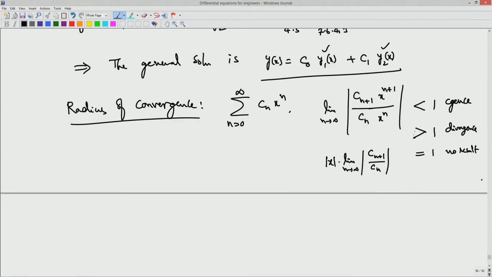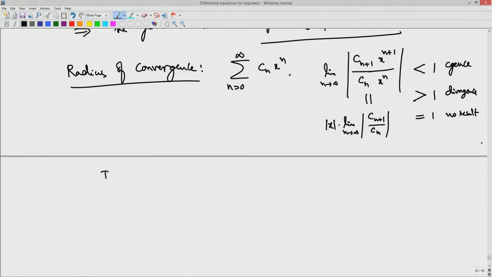So, if I calculate this limit as n goes to infinity, what does it mean? It means if mod x is less than 1 divided by the limit of Cn+1 by Cn as n goes to infinity, I get convergence of the series.